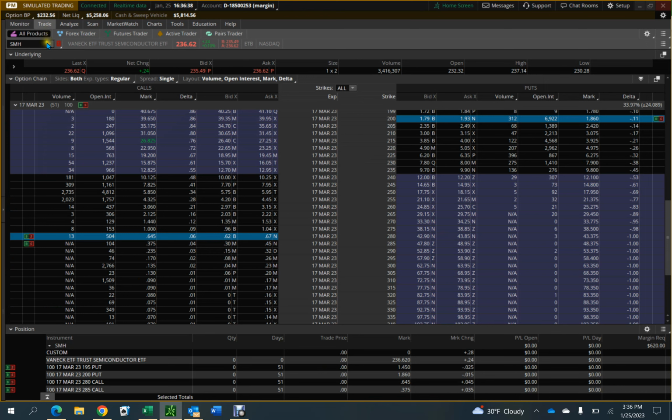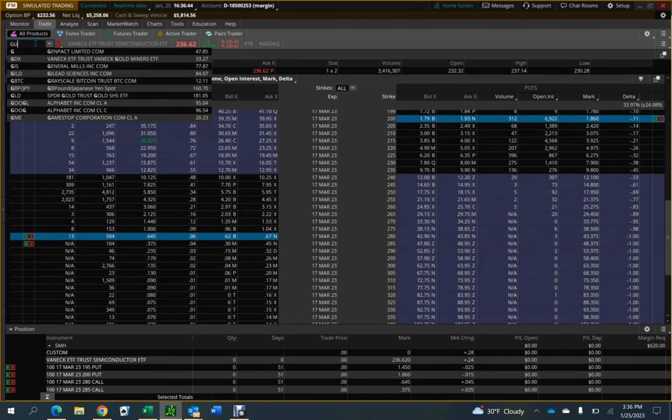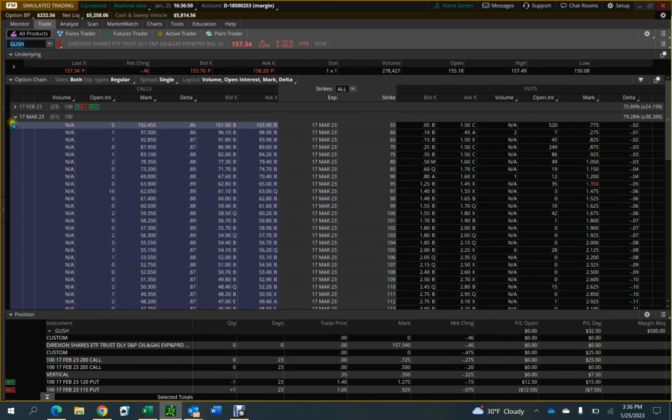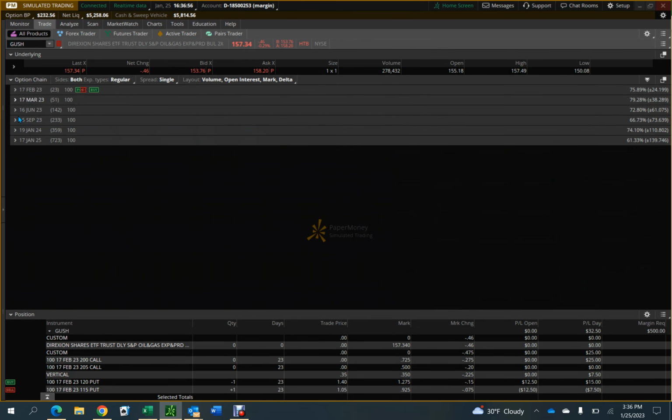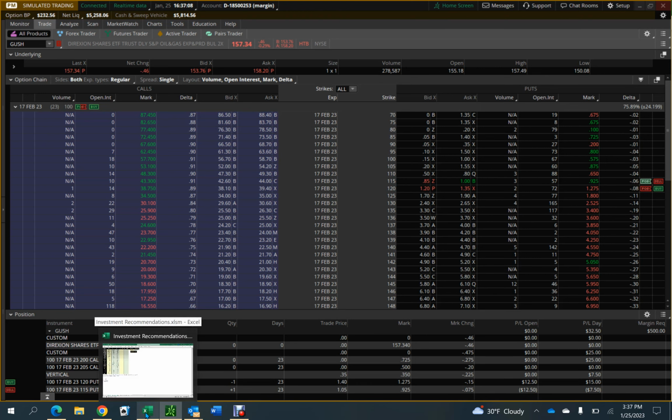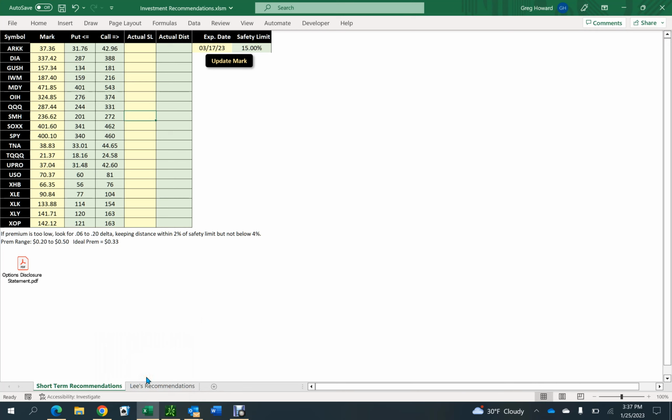So here's what we're going to do. We go up to trade and we put in GUSH. It was a February transaction, so we're going to go to the option chain for February, and we're looking at a call. Now the question is, where should that call be based on what the current price is? Well, we go back over here to our short-term recommendations.